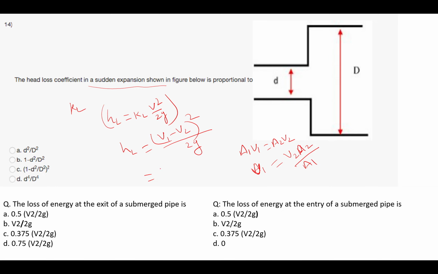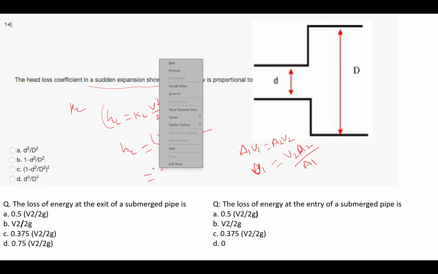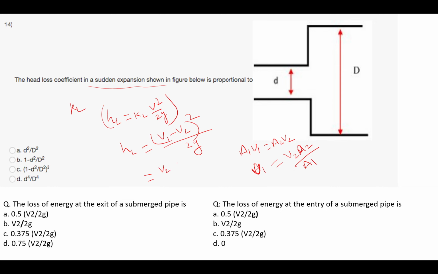So your expression is (V2 A2 by A1 minus V2) whole square divided by 2g.